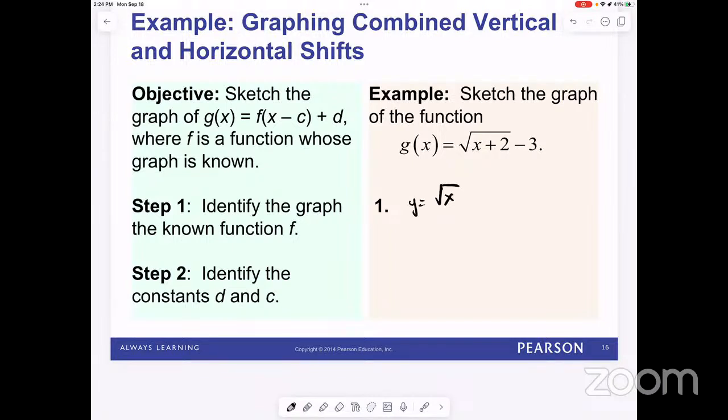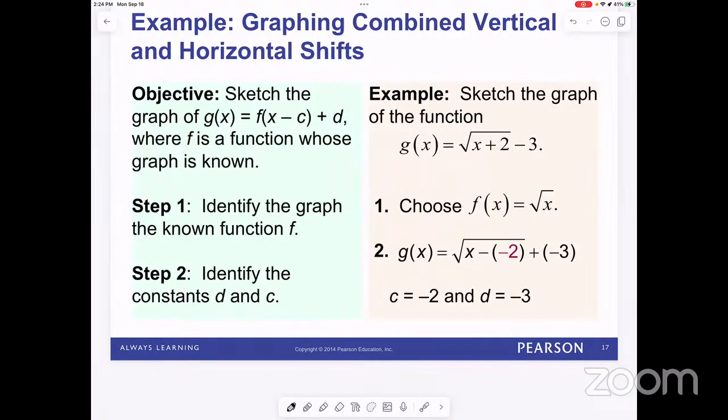And then that -3 outside of our basic function causes a vertical change and it follows our intuition, so that means we should go down 3 units. So all this is saying is start with the square root function, go left 2 units, and down 3 units. And you should be good to go.